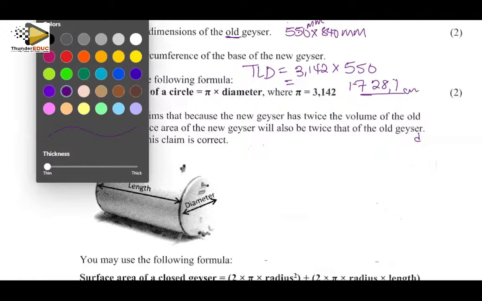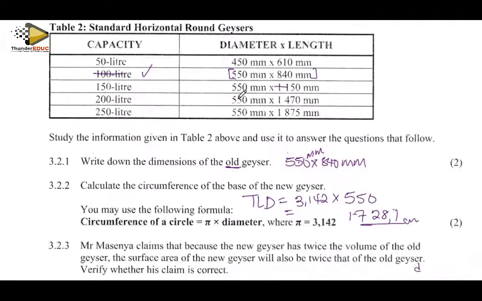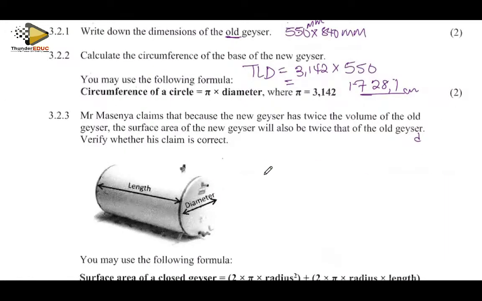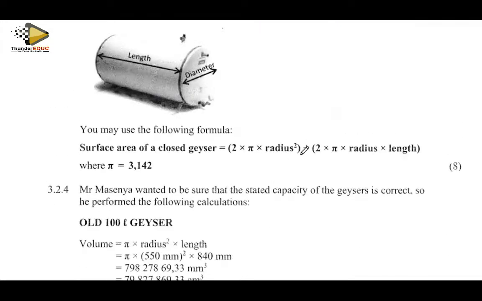Take note that the old geyser had its dimensions, these ones here. This is the diameter and this is the length. In surface area, we are looking at the formula given here, which is true, it's fine.